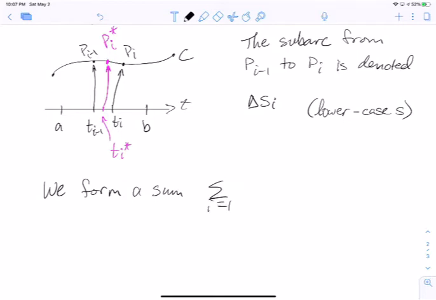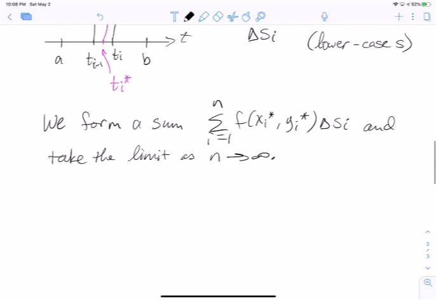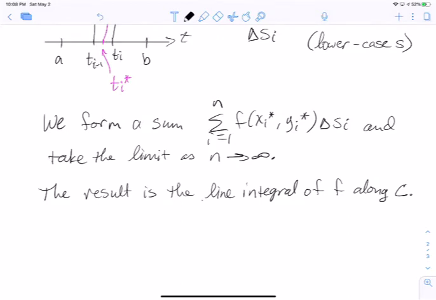The sum as i goes from 1 to n of f of x sub i star, y sub i star, that corresponds to P sub i star, times delta s sub i, and then take the limit as n goes to infinity. The result is what we call the line integral of f along C.